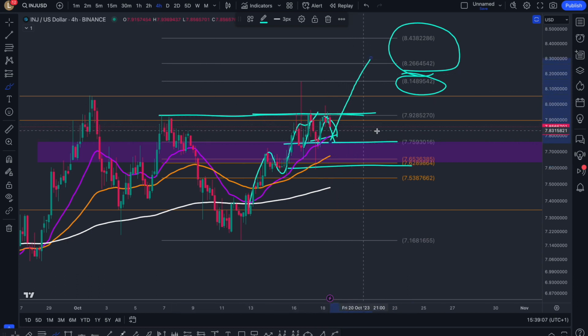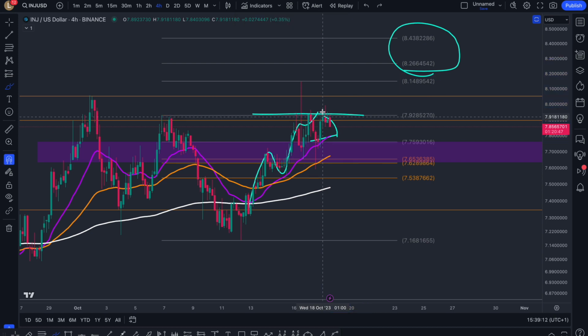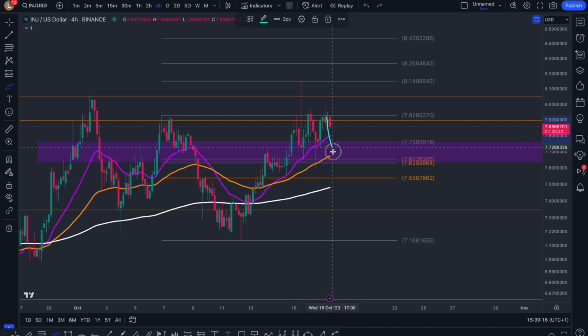But please do understand, we've had so many opportunities to break out, guys, and it just keeps failing. So if now we do have a dead cat bounce like this and we break below this point, then we're invalidating those targets. So again, to keep them valid, we need to essentially stay above this wick, which is $7.60.